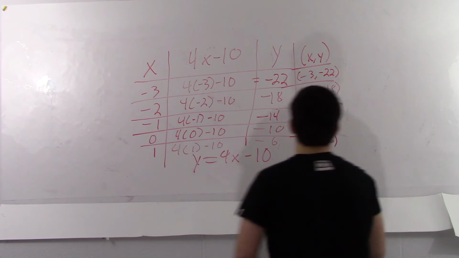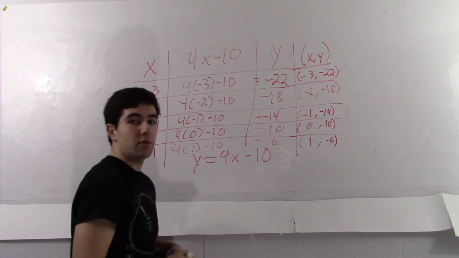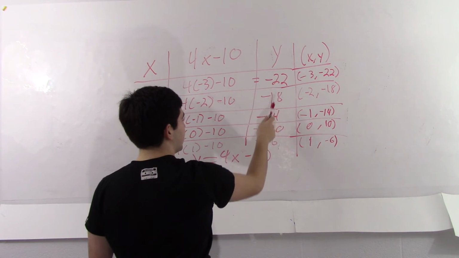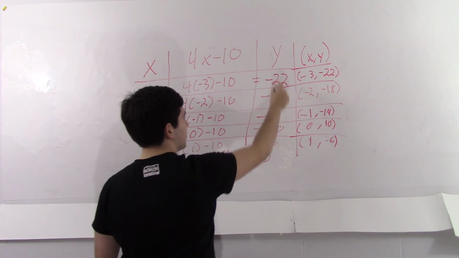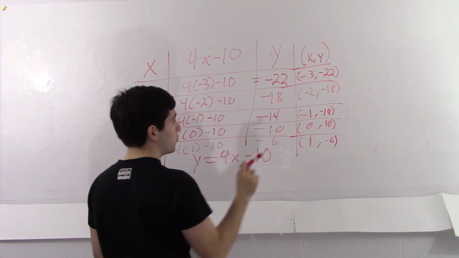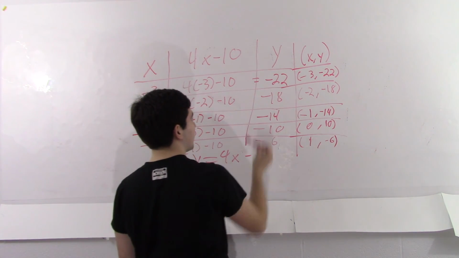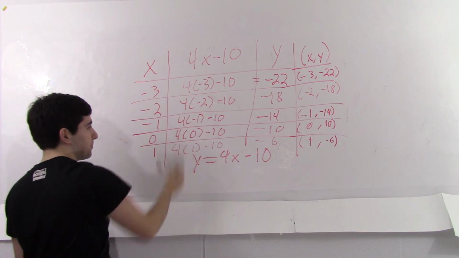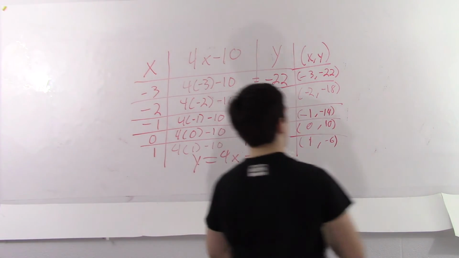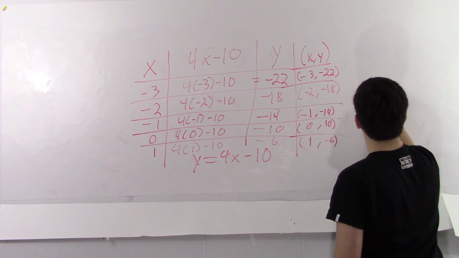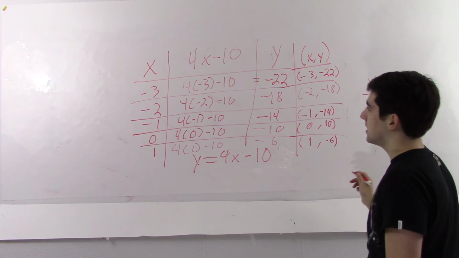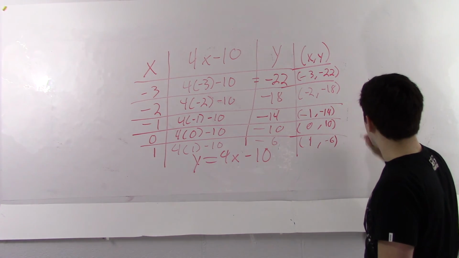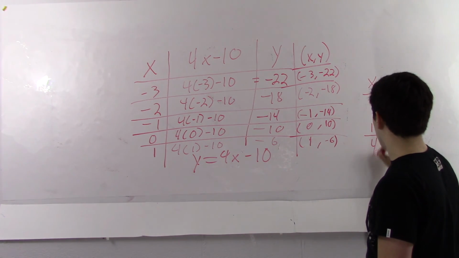Did you notice anything interesting? This is negative 22, negative 18, negative 14, negative 10, negative 6. This is always increasing by 4 as we go up in value. So what that tells us is if we set up a ratio of x to y, every time we add 1 for x, we go up 4 for y.